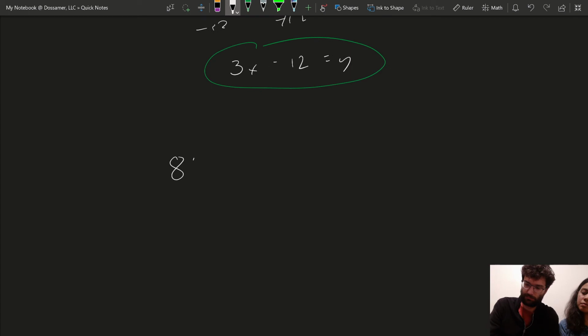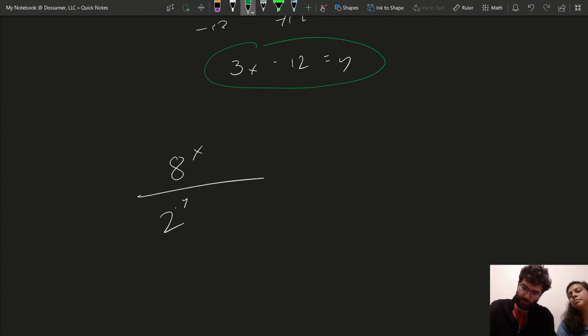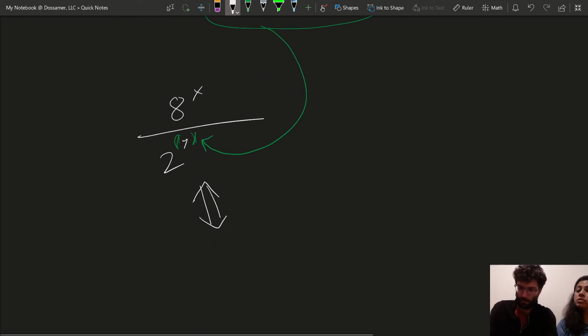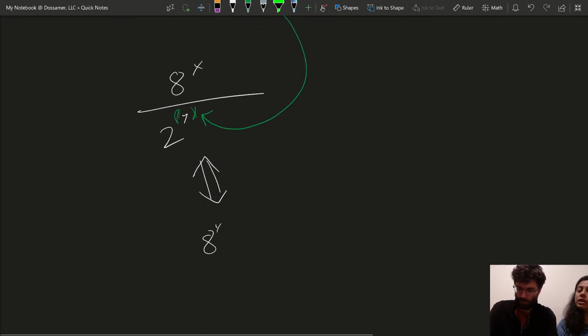Either way, this is important because now we can substitute this expression for y into our bigger overarching expression. So again, that was 8 to the x over 2 to the y.